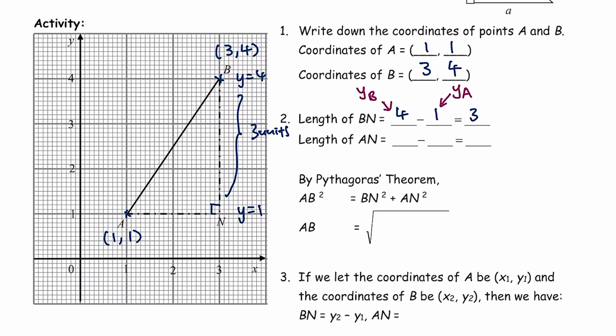So next we have the length of AN. This is also quite obvious. There are just 2 units between them, and let's see how this comes about. Over here at A, we have x equals 1, and over at N, we have x equals 3.